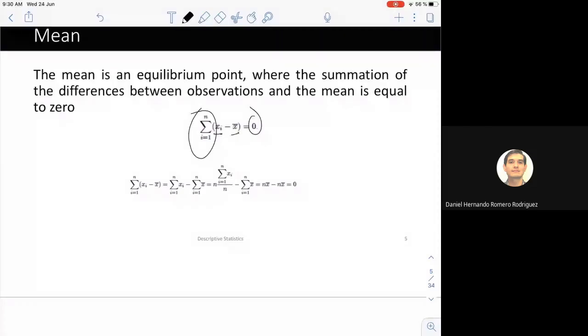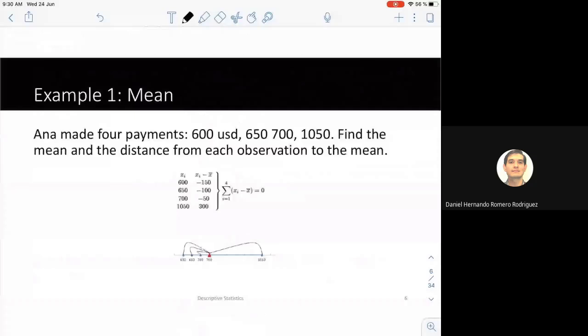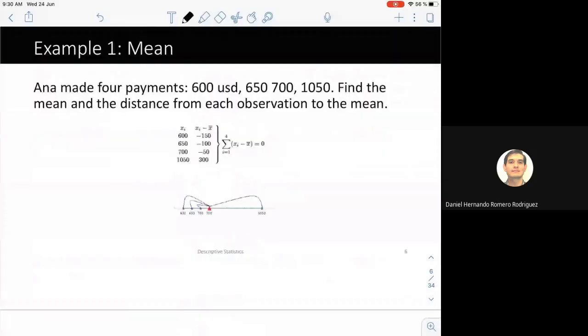Let's check an example where we can verify that property. Here we're told that Anna made 4 payments. The numbers are 600, 650, 700, and 1050. We're going to compute the mean, and then find the distance from each observation to the mean.